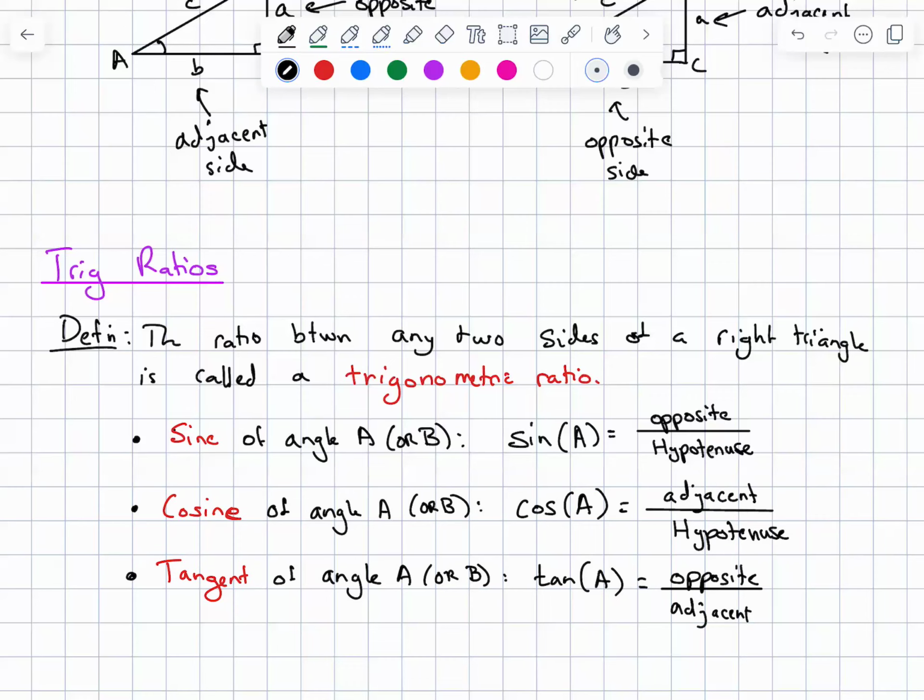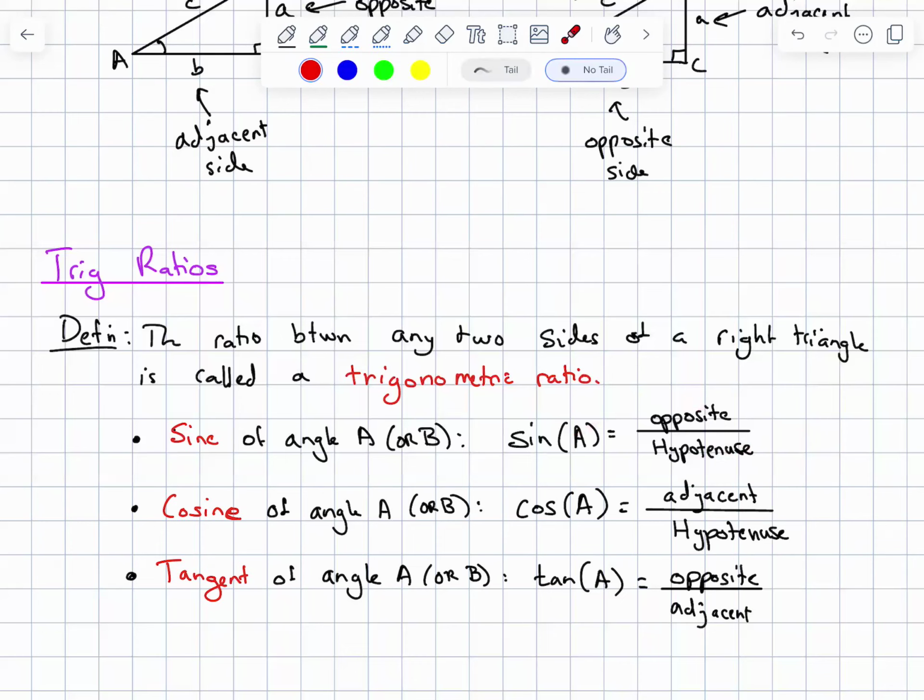Now, there are three other trig functions that are just the flipped versions of them. There's a thing called cosecant, and cosecant is just hypotenuse over opposite. So it's just taking sine and flipping it on its head.